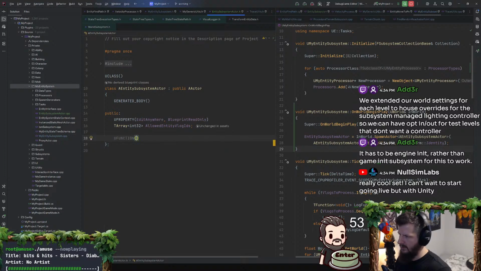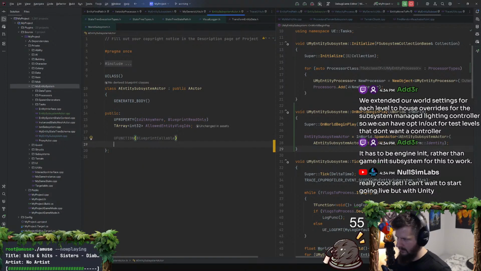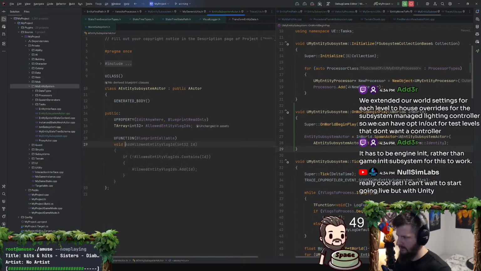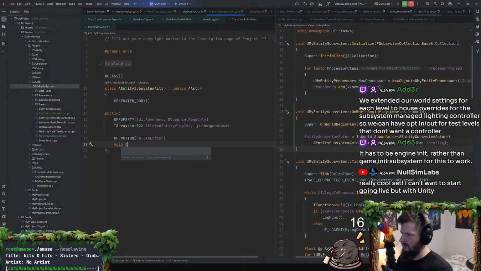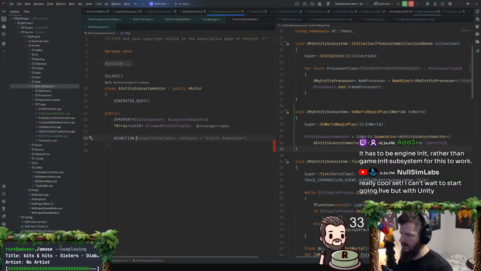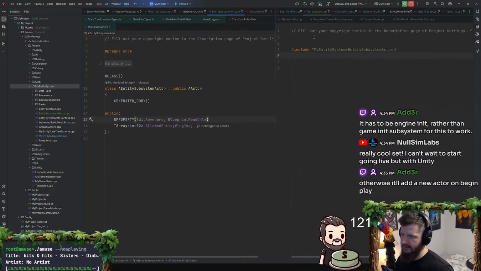I'll want a function for, callable in editor rather, to clear. I guess I can clear the array. So it's really just if that's empty. Yeah, that'll be fine.